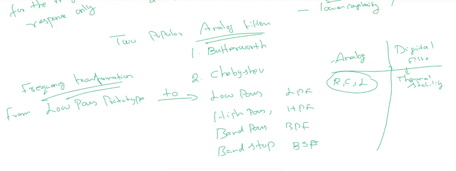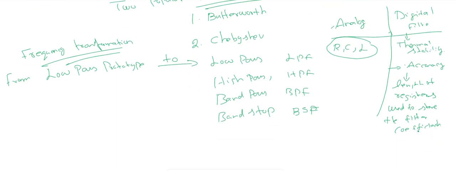In a digital filter, the precision depends on the length of the memory registers used to store the filter coefficients, AK and BK, the feed forward and feedback coefficients in the transfer function.